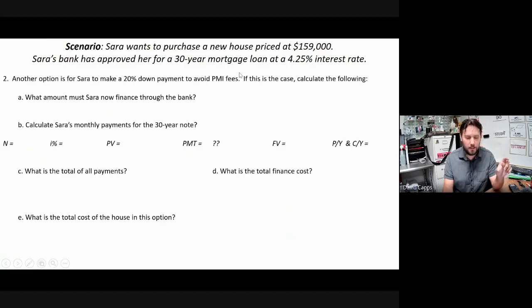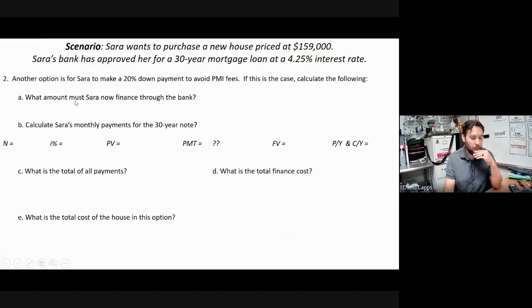I think me and my wife put down like 17%, and so we had to pay a PMI fee, a principal mortgage insurance fee, for about 2 years until our principal was at 20%. So to avoid that, she's going to put 20% down.